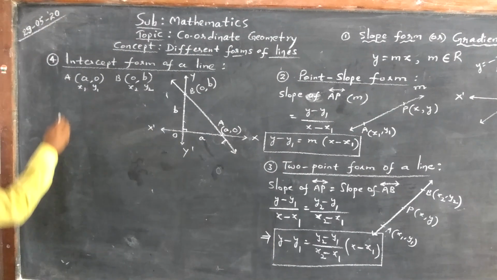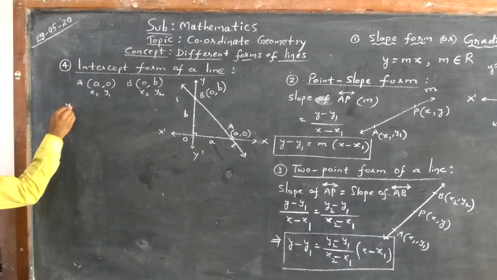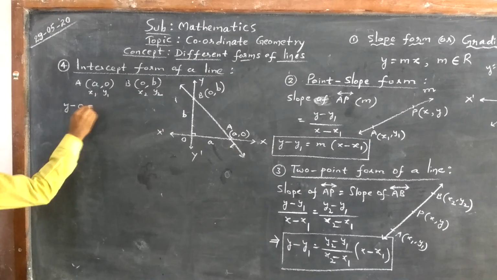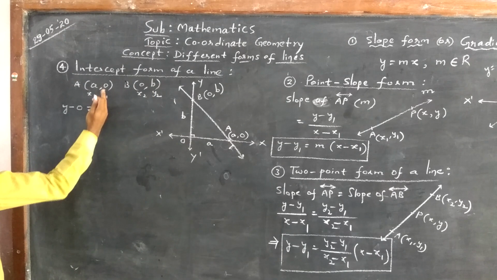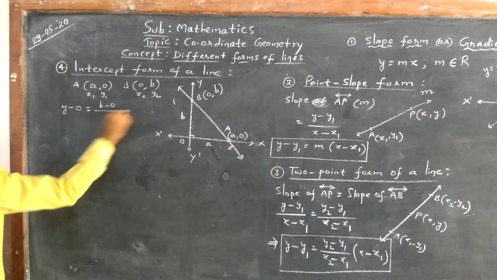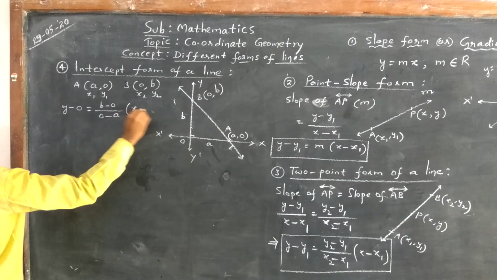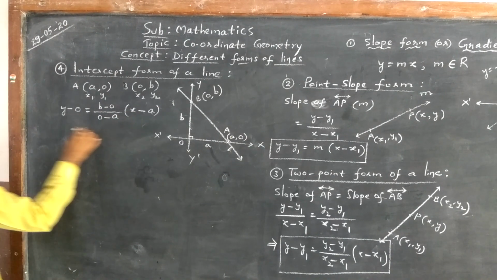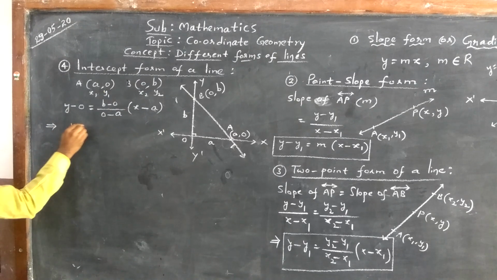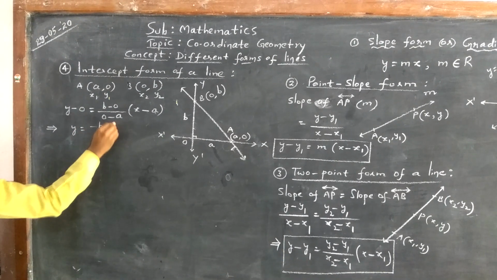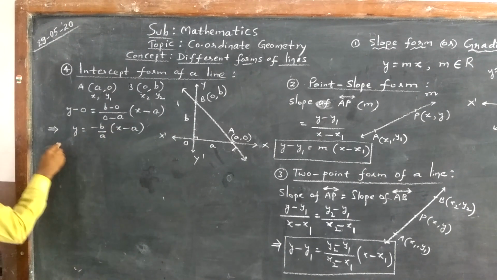Now I will substitute the values. y minus y1, which is 0, equals (b minus 0) by (0 minus a) into (x minus a). Now y is equal to minus b by a into (x minus a).